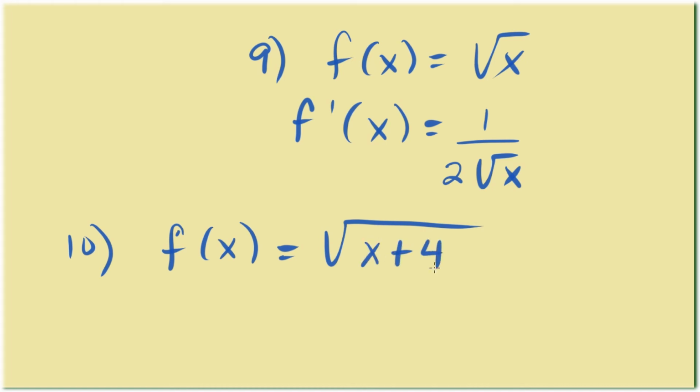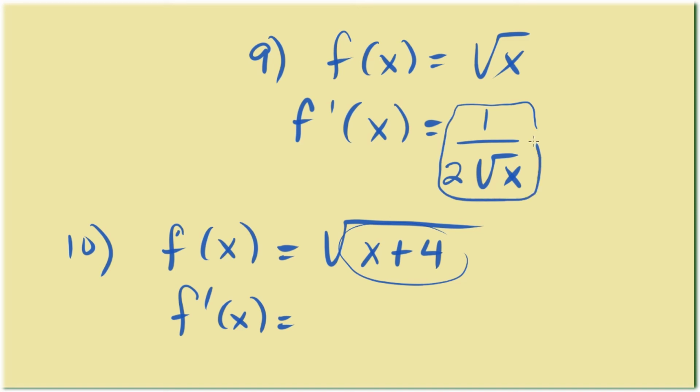Let's say x plus 4, okay? So if the radicand, or the term inside the radical, is not plain x, let's say there's something else like plus 4, now you have to use a chain rule, okay? Now the first thing we do is apply what we just memorized. So the structure is going to be like this.